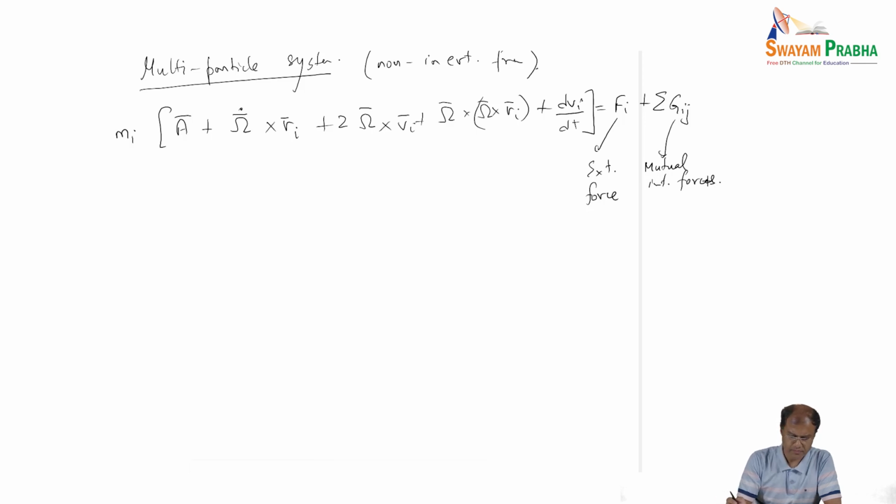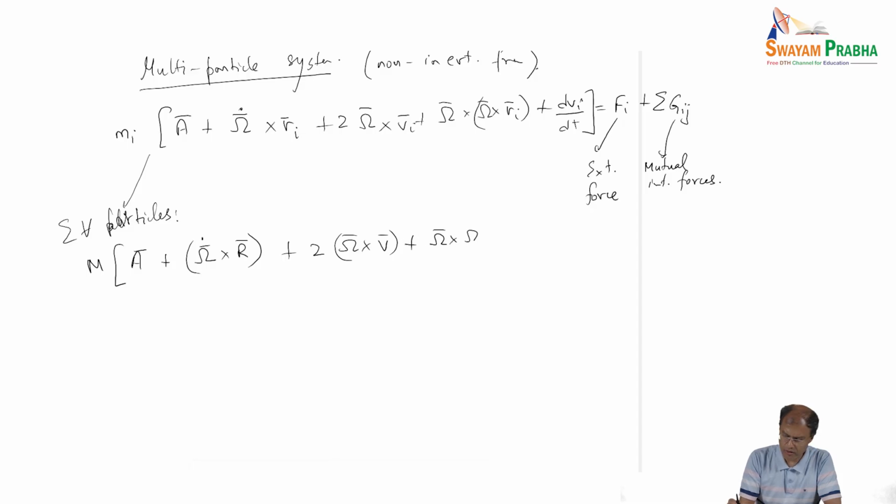Okay, so then if we sum this giant equation over all particles, we see that the equation reduces to the following: A plus omega dot cross R, where R is the net position of the n particles, plus 2 omega cross V plus omega cross omega cross R, right?